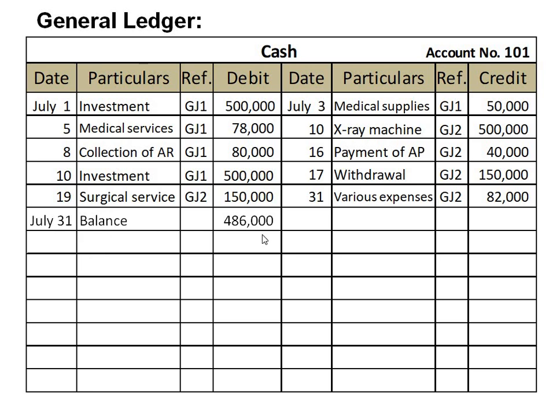Then, since this is the balance, double rule. Evidently, this cash ledger shows all the changes, meaning the increases and the decreases that took place in the cash account during the month of July.